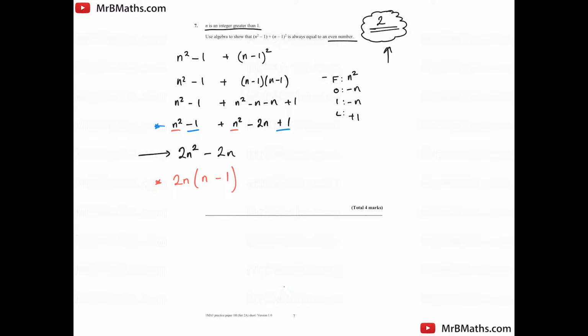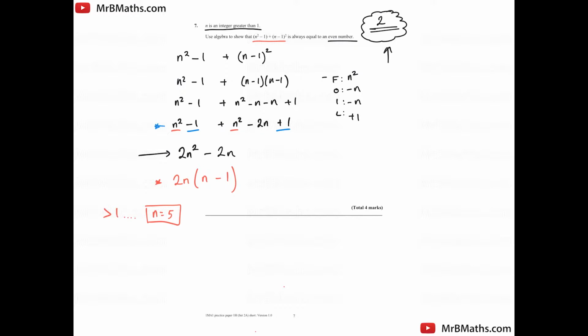So let's see if this actually makes sense. n is an integer greater than 1. So if it's greater than 1, then we could use n equals, let's say, 5. Here, use algebra to show that this is always equal to an even number. So let's have a look.